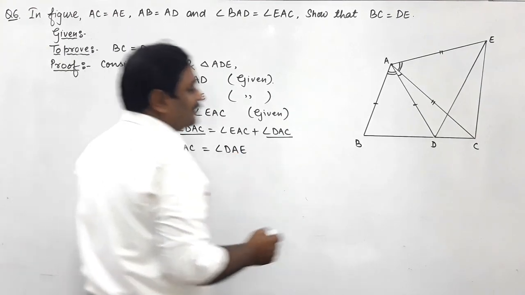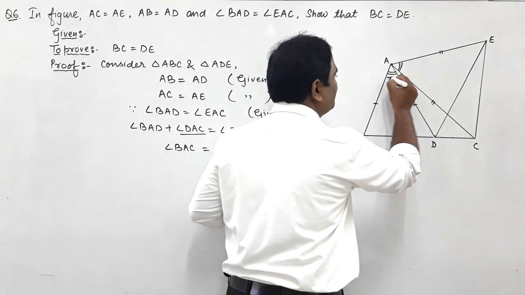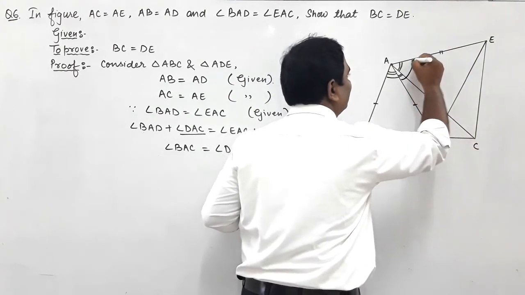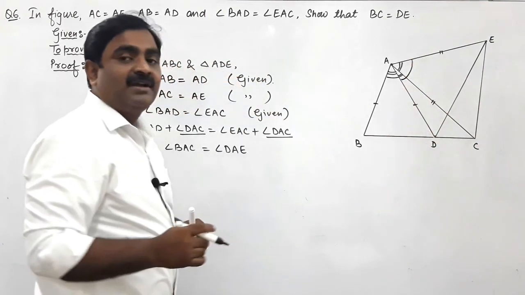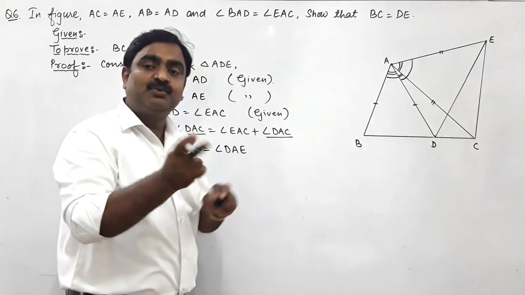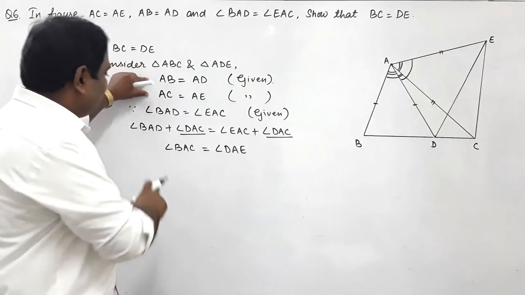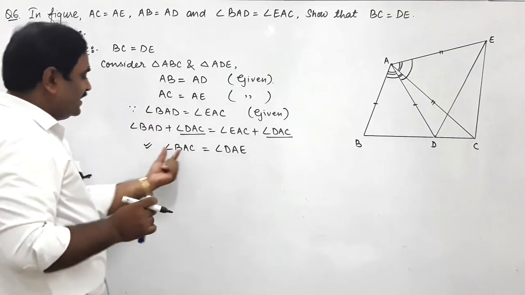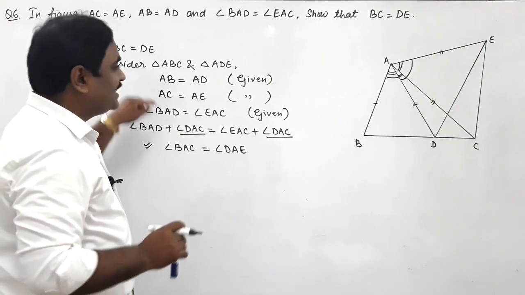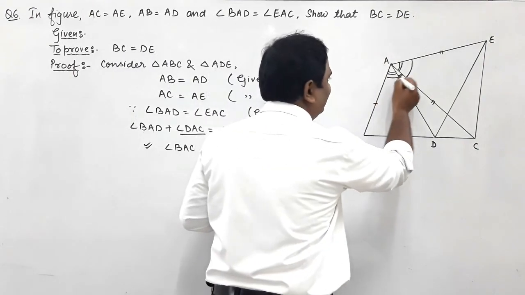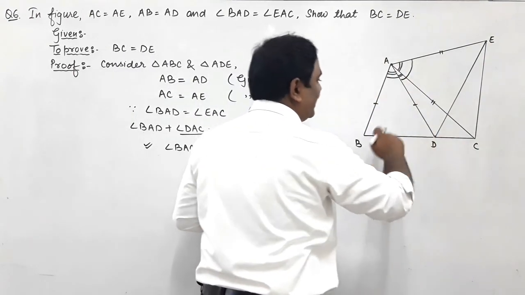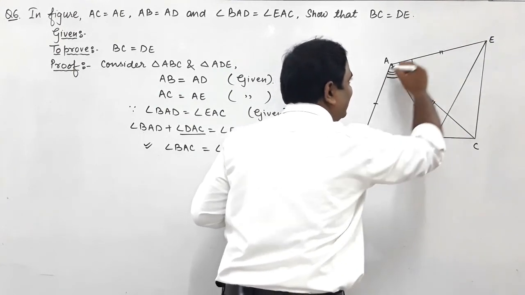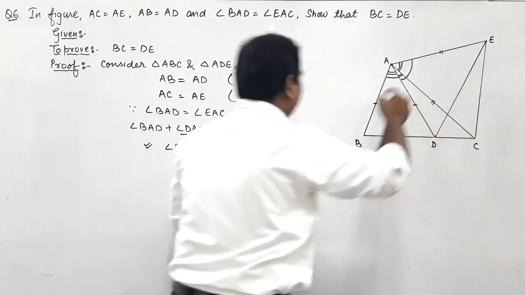Now let us see, BAC, meaning this angle, is equal to DAE, meaning this angle. Now these two angles are equal. First, in both triangles we saw there are two sides equal and this angle also came equal, and this angle is included by these two sides. Just see, BAC is included by AB and AC, or not? BAC, this angle is included by AB and AC, and DAE is also included by AD and AE.